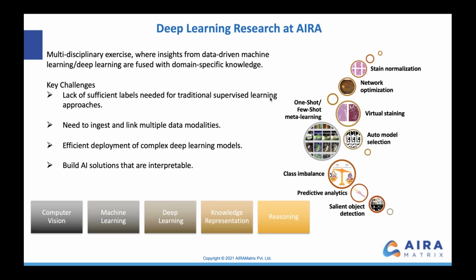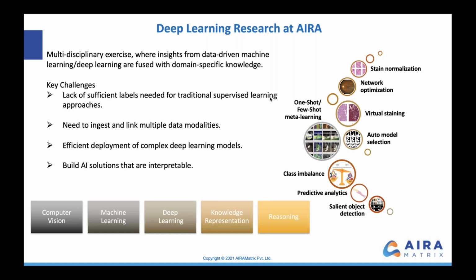Our state-of-the-art capabilities in computer vision, machine learning, deep learning, knowledge representation, and reasoning are used to robustly predict the required information. Some key challenges we tackle include lack of sufficient labels needed for traditional supervised learning, the need to ingest and link multiple data modalities, efficient deployment of complex deep learning models, and the need to build AI solutions that are interpretable.